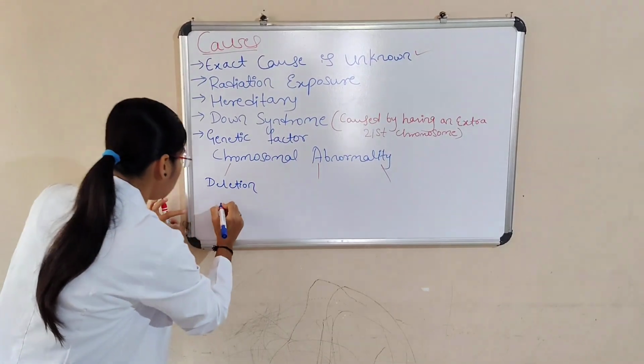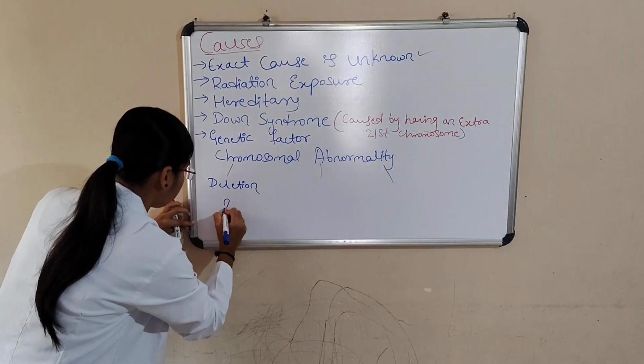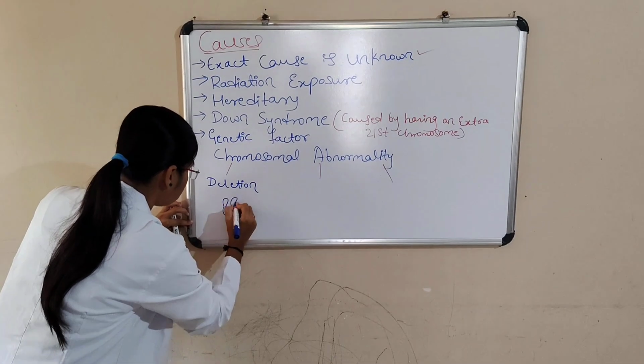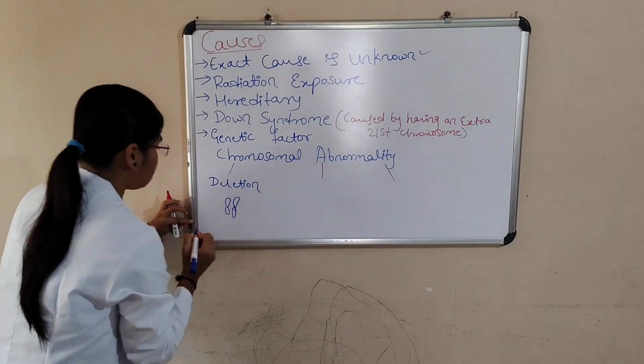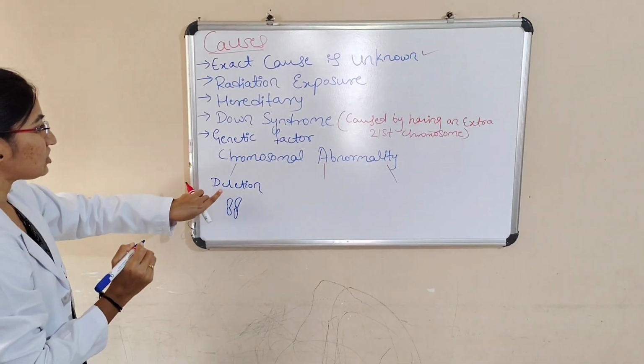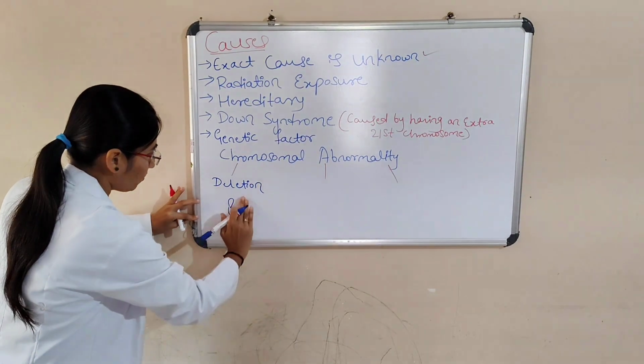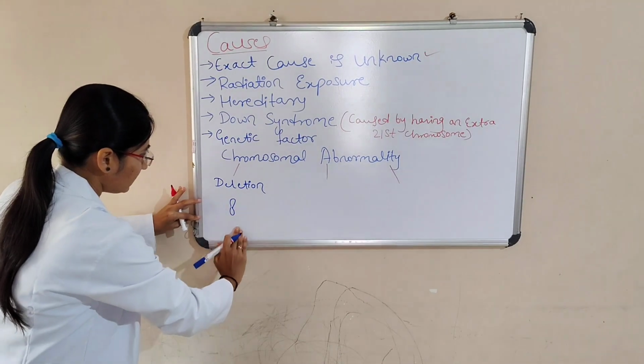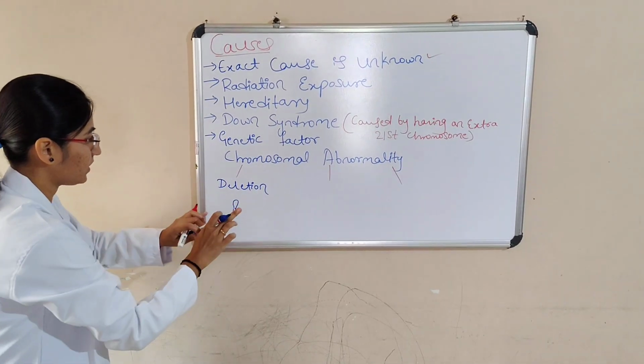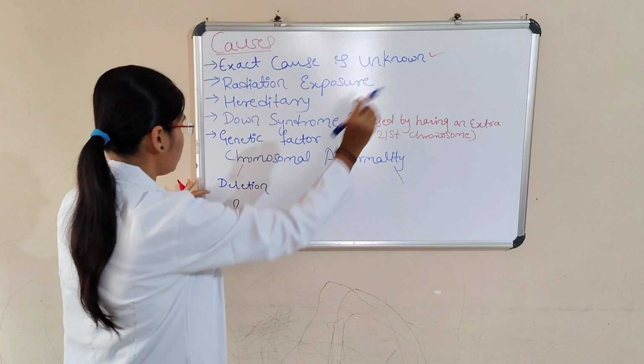Deletion. Chromosomes are present in pairs. Deletion means missing one chromosome. That is called deletion. And next, trisomy.